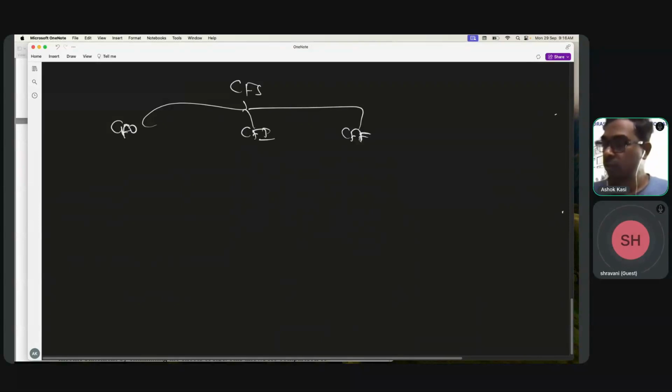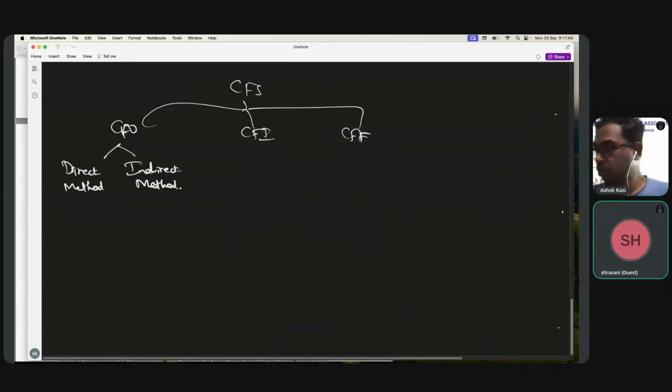Now this cash flow from operations can be categorized into two types. One is direct method and another one is indirect method.